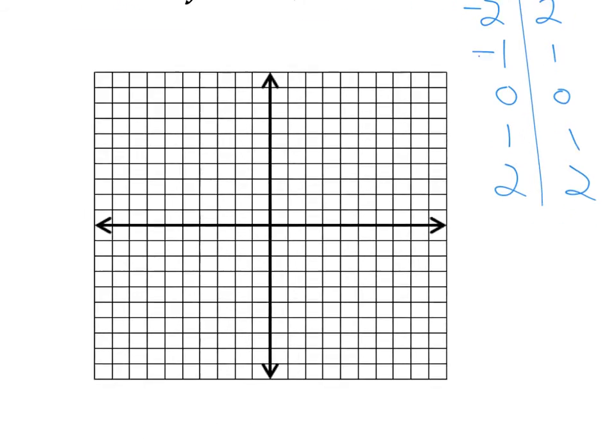When it comes time to graph this, we'll have the vertex, it's technically what's called a cusp, since it will be a sharp corner, at 0, 0. Then we go up 1 over 1, up 1 over 1. If I wanted to, I could continue going this way, because the absolute value of 5 is 5, the absolute value of 6 is 6, and so on. And it's going to behave the exact same on this side as well.